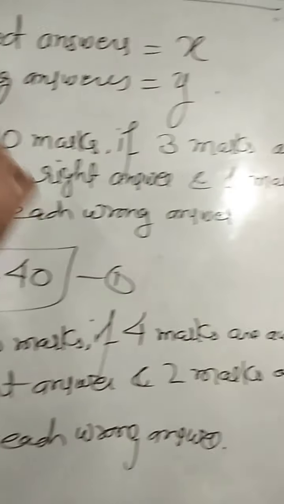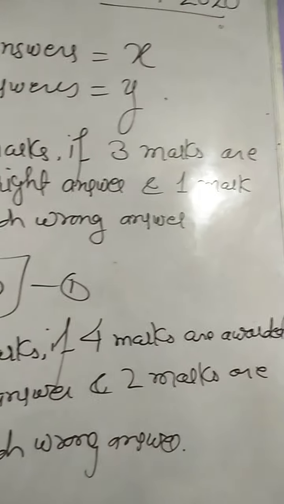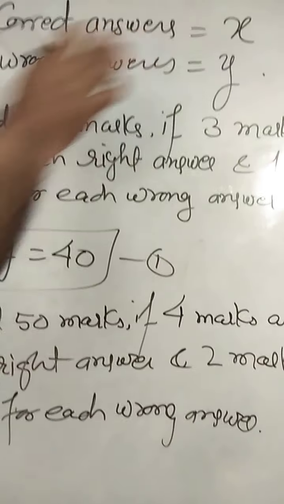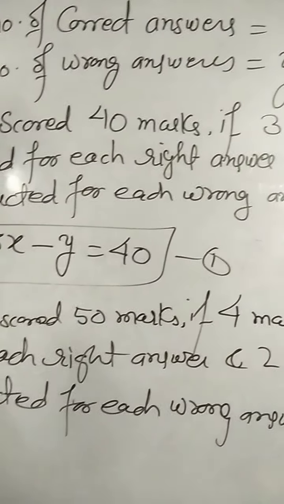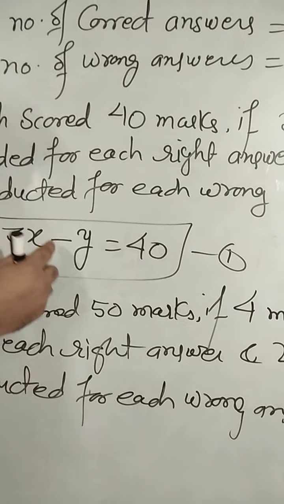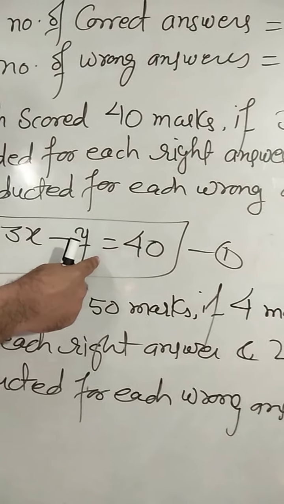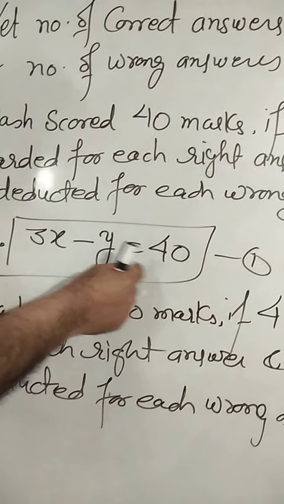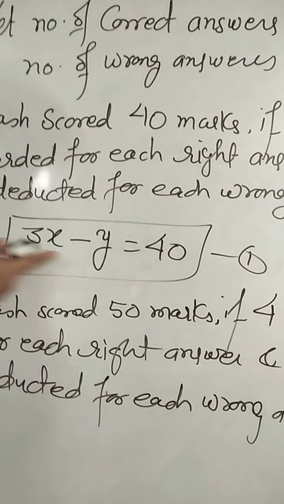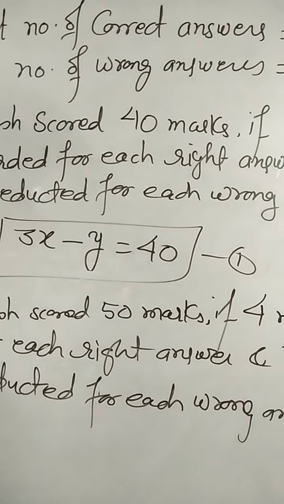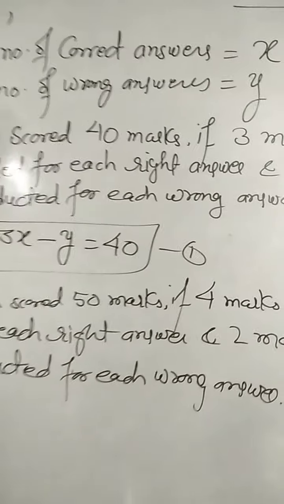And for each wrong answer, 1 mark is deducted. How many wrong answers were there? y. So how many marks are deducted? y into 1. Deducted means minus y. So we got the equation 3x minus y equals 40. These are the marks he is getting and these are the marks which are deducted. So we get our first equation.